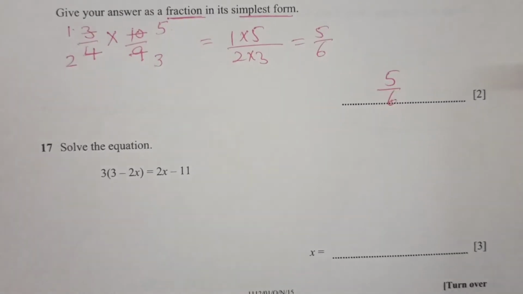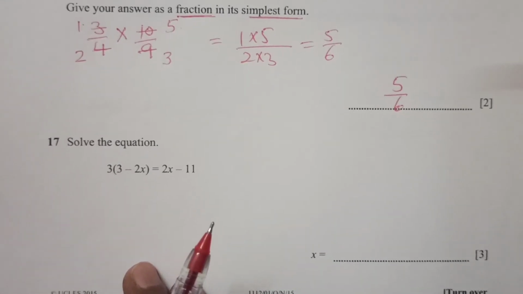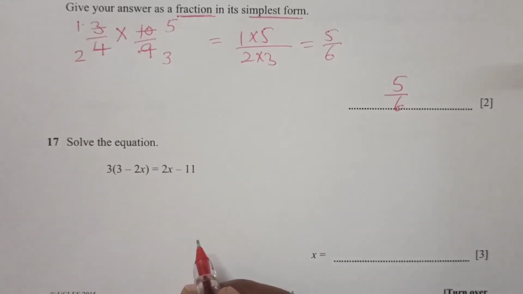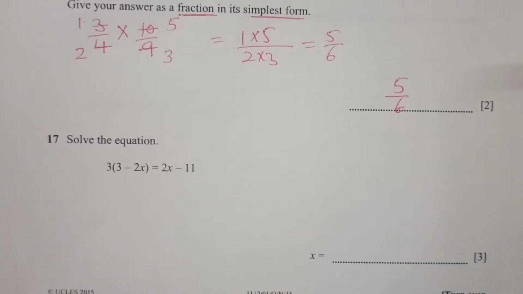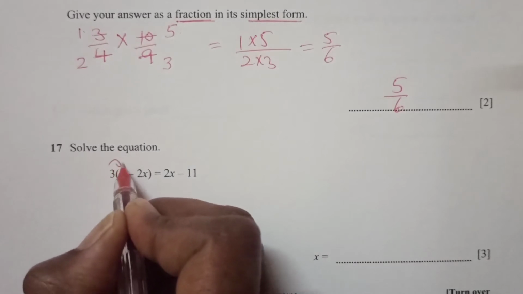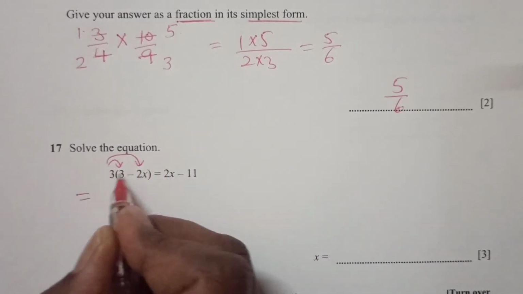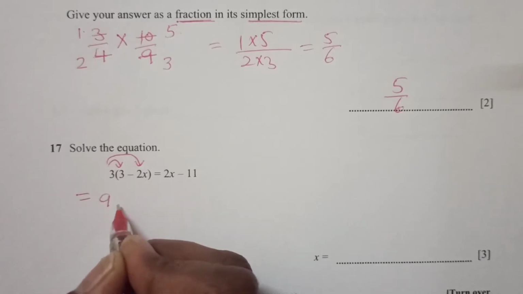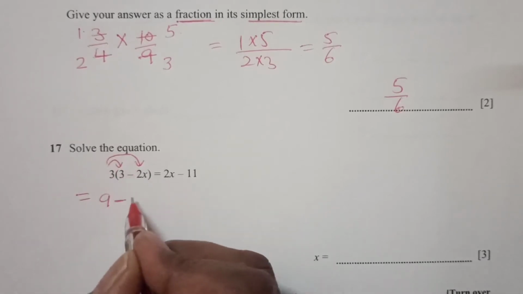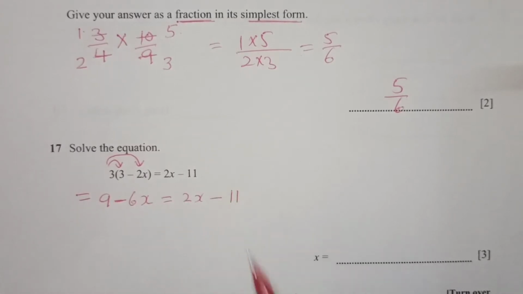Solve this equation. So we have this equation. So first of all, you see there is a bracket, so we need to open the bracket first here. 3 times 3, then 3 will be multiplied to both of them. So 3 times 3 it is 9, the negative sign remains negative, 3 times 2 it is 6x, equals 2x minus 11, right?